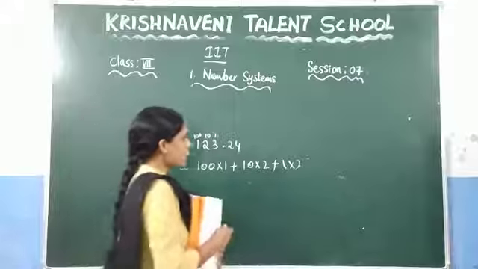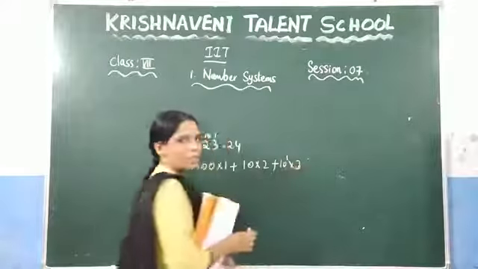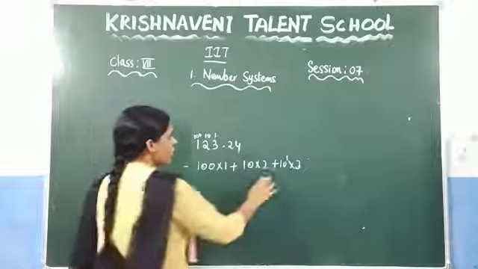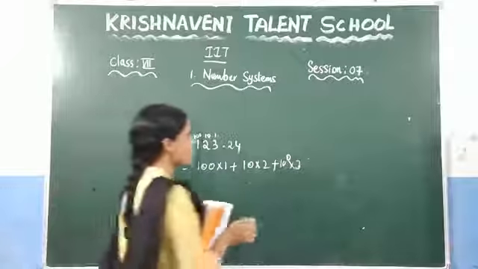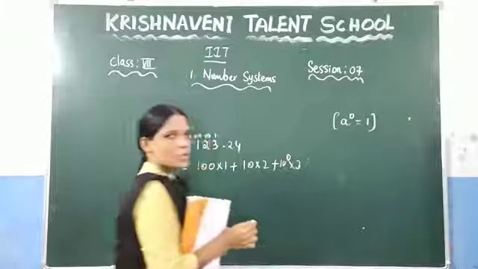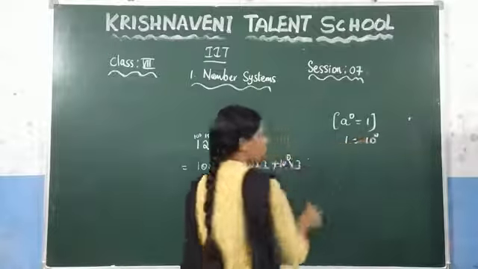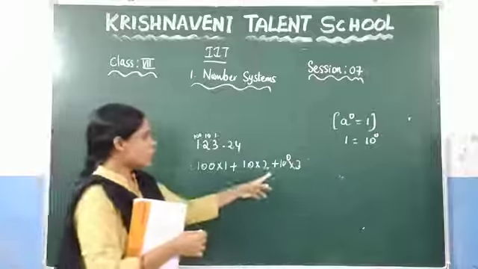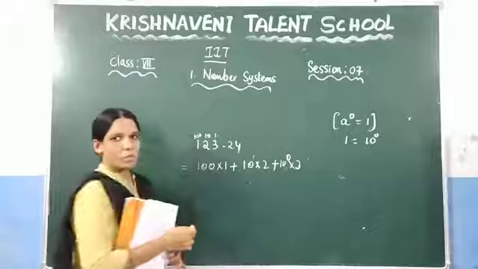You know that 10 power 0 is nothing but 1, because anything to the power of 0 is always equal to 1. So in place of 1 we have written 10 power 0. Since the base here is 10, this is 10 power 0, this is 10 power 1, and this is 10 power 2.